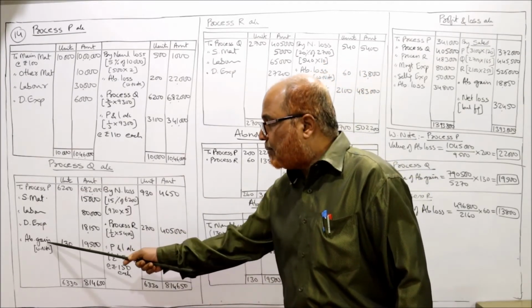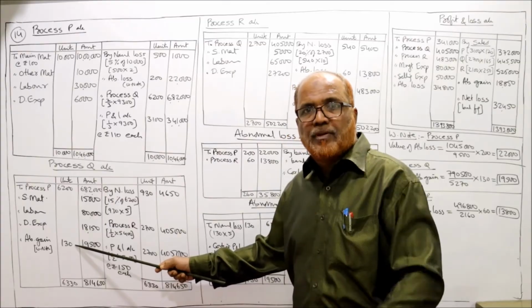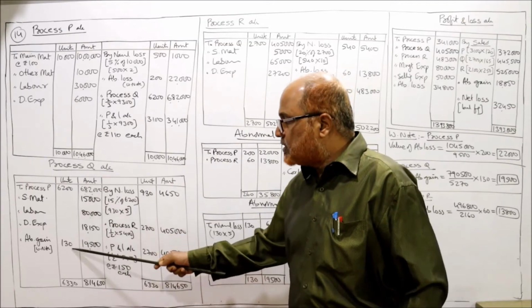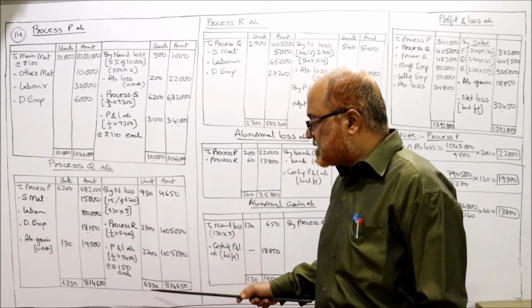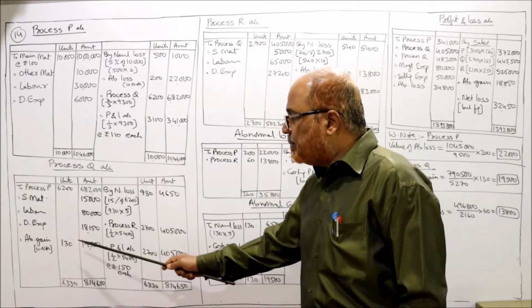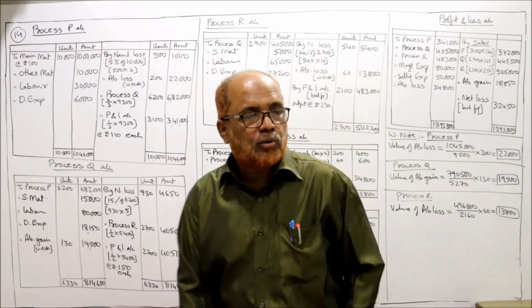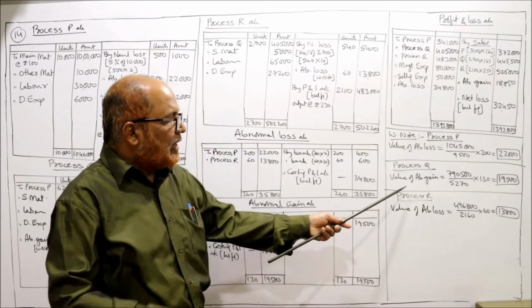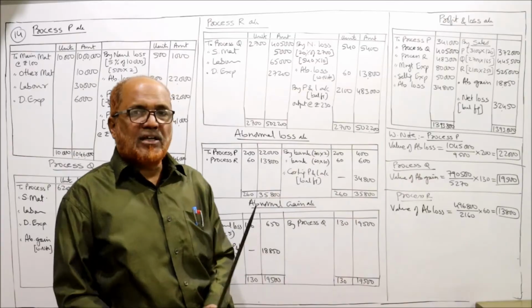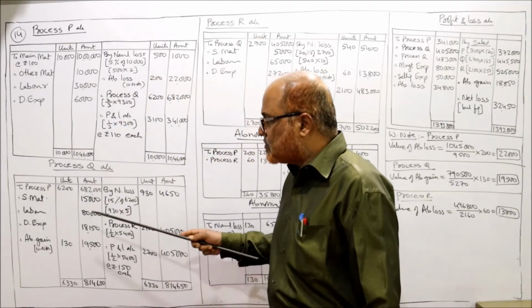So on the debit side, to abnormal gain, 130 units. The total becomes 6,330 on both sides. Now we need to find the value of these 130 units of abnormal gain. Again in working note number 2, the value of abnormal gain: how did you get 7,90,500?